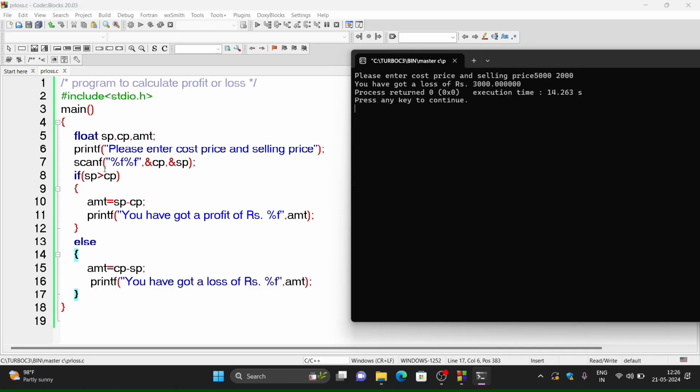Here this condition will be false, because SP is now 2000. 2000 greater than 5000 is false, and hence the statement after else will be executed. So amount will be equal to 5000 minus 2000, that is 3000, and you have got a loss of rupees 3000 will be displayed.